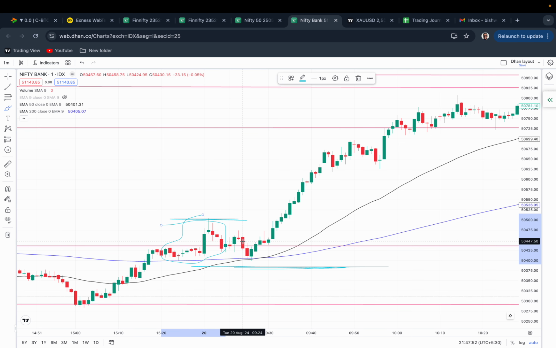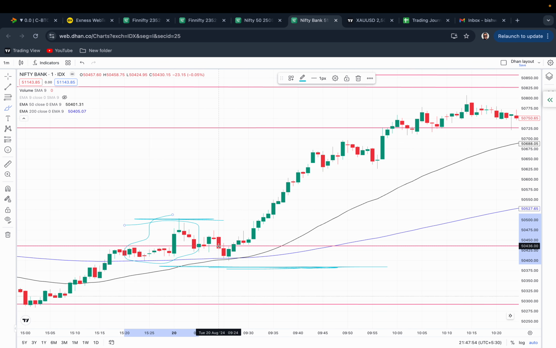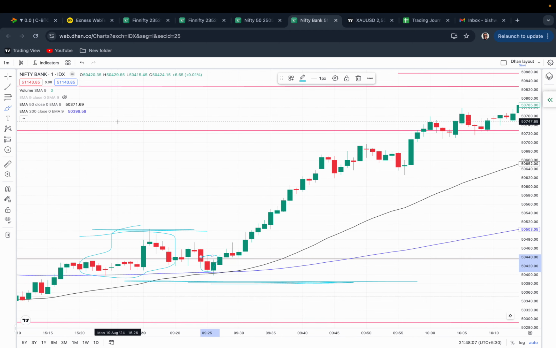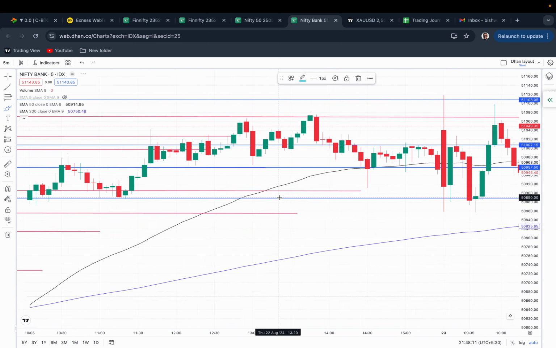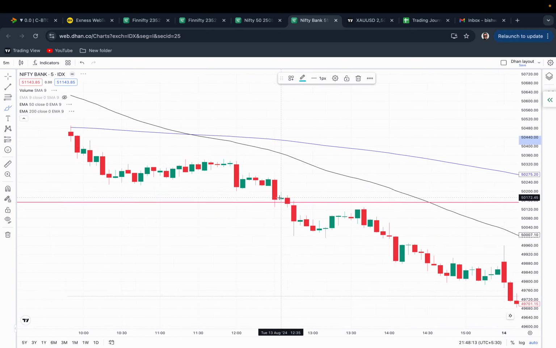So it gave a breakdown at this point, but it took support of this EMA 200. See, it took support of this EMA 200. Let me just go into the 5 minute time frame. It will be better so that you can understand it clearly.